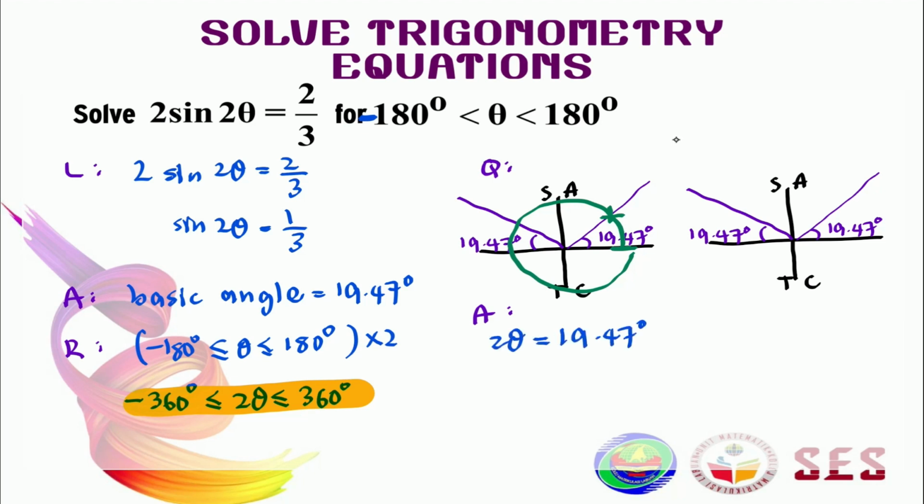I need to remind you that this angle have to be 2 theta and not theta, because this is coming from our question here, 2 theta. So make sure the answer that we write here to match with our given angle here. The second answer would be in the second quadrant. And since this is our basic angle, our second answer would be 180 degree minus 19.47 degree. And since there's no more answer here, we are just going to have these 2 answers for the anti-clockwise rotation.